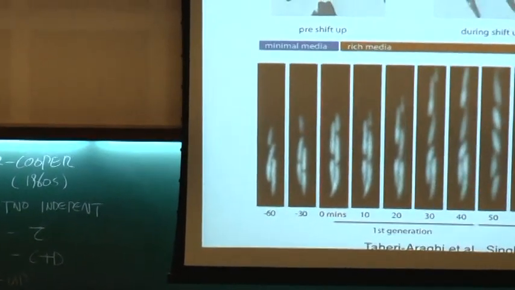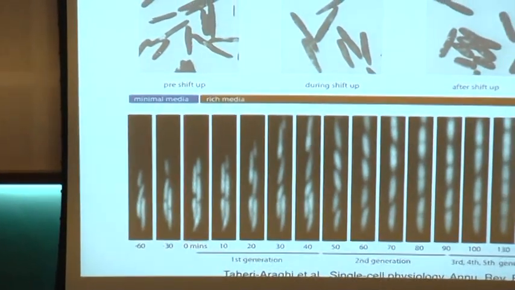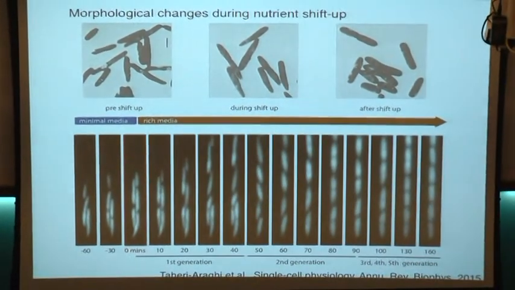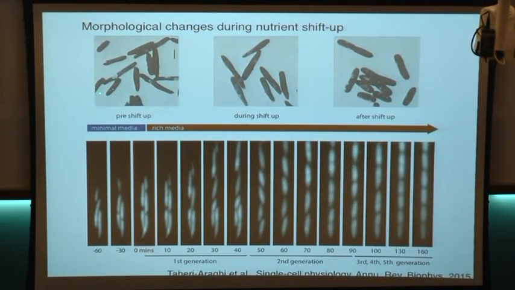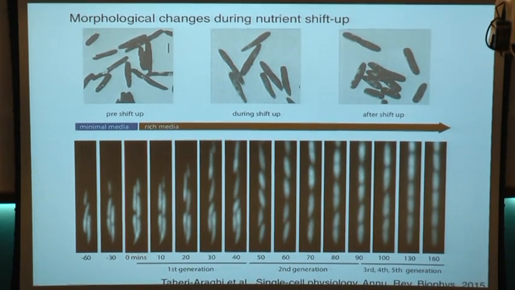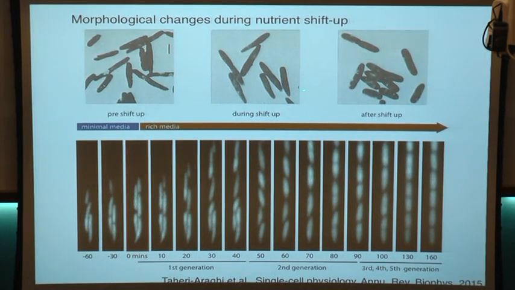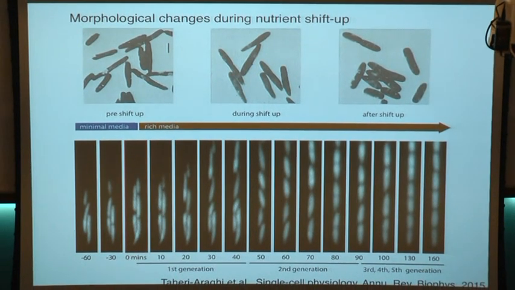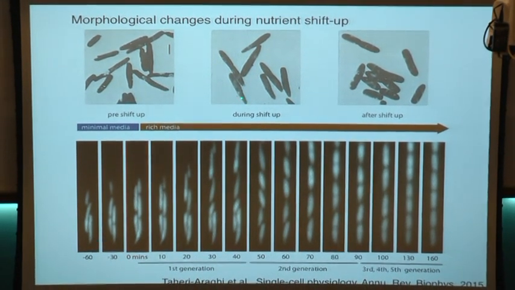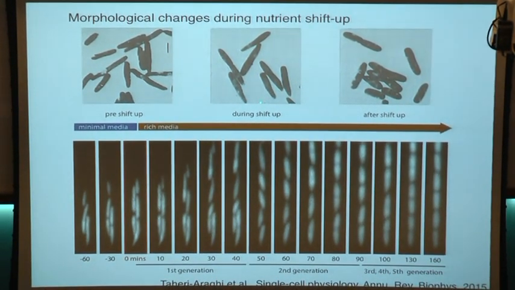We briefly talked about how the cell morphology reflects the shift up as well, because before shift up, the cells are small and skinnier, and after shift up, you're bigger and fatter. The question is, what actually happens in the intermediate stage? So this is the old work by Conrad Woldringh at the University of Amsterdam. And what you see here is something like this.